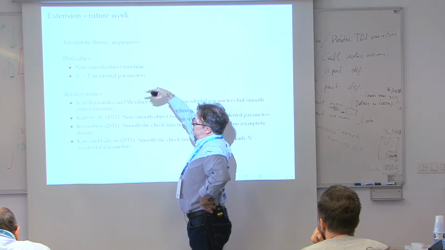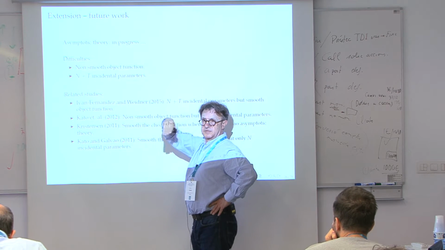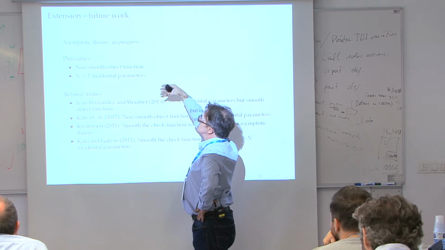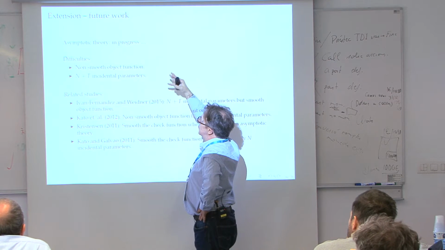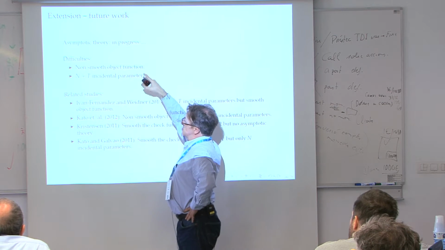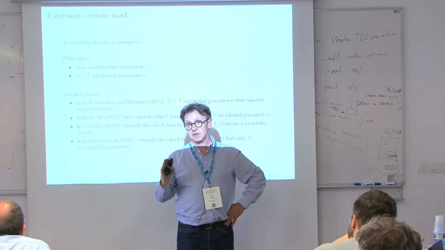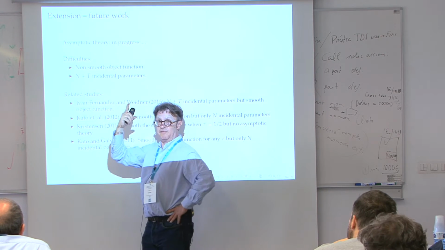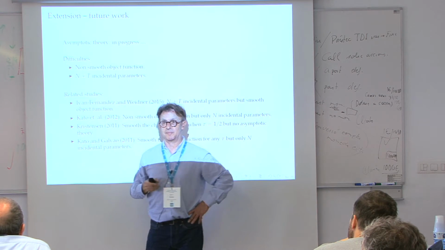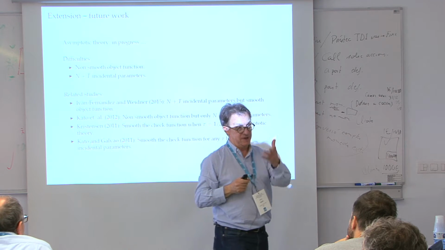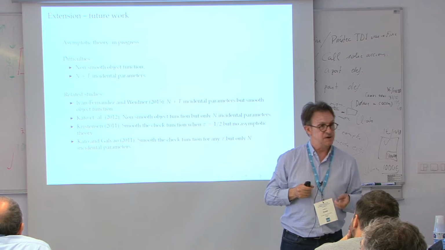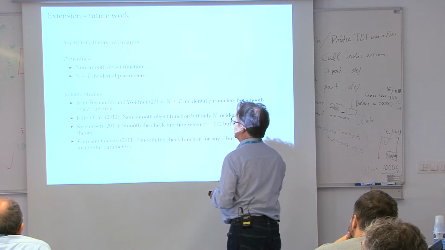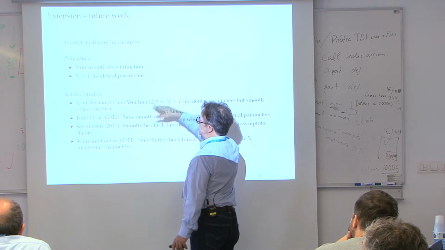Let me just briefly summarize the problems in addressing this type of object. The difficulty is, of course, the non-smoothness of the objective function, and the fact that for one factor you have n plus t incidental parameters, because you have the factor, T observations, plus the loadings for the n individuals.